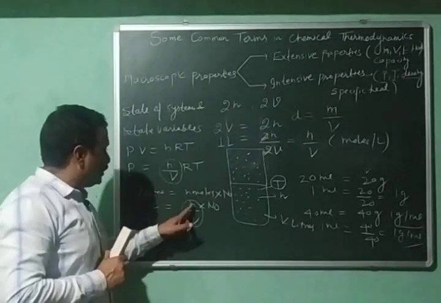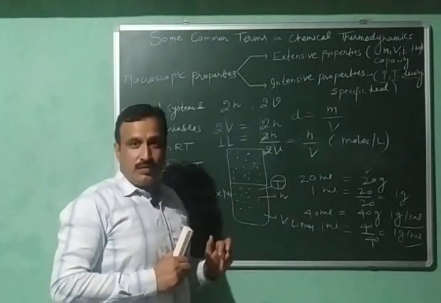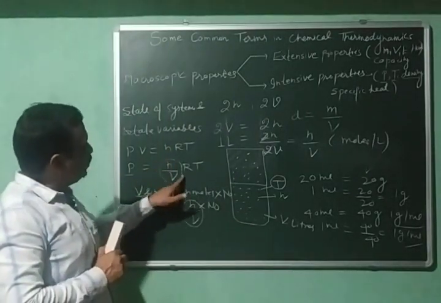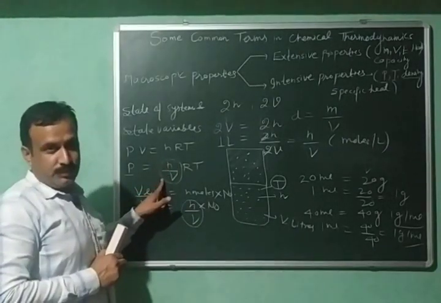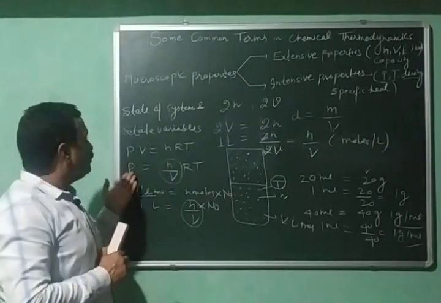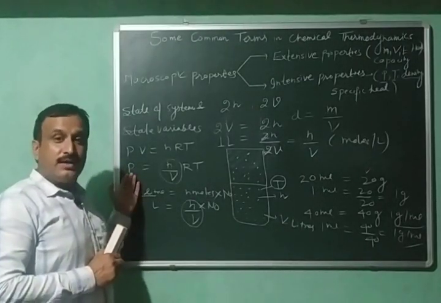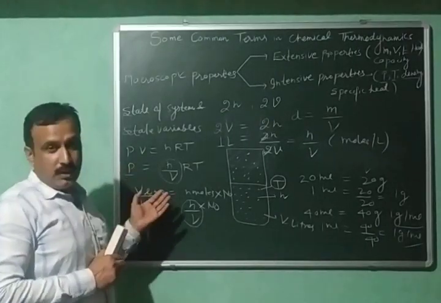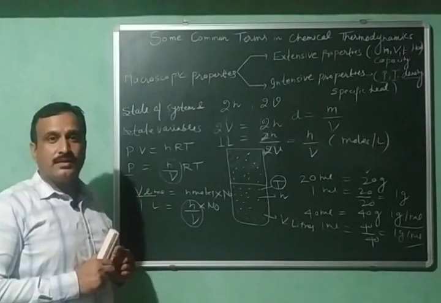Previously it was n upon V, and after doubling the amount of gas it is again n upon V. This means that n upon V, the number of moles per unit volume, is remaining constant. Then the pressure will remain the same. It means that pressure is an intensive property. It does not depend upon the amount of gas or the quantity of matter.